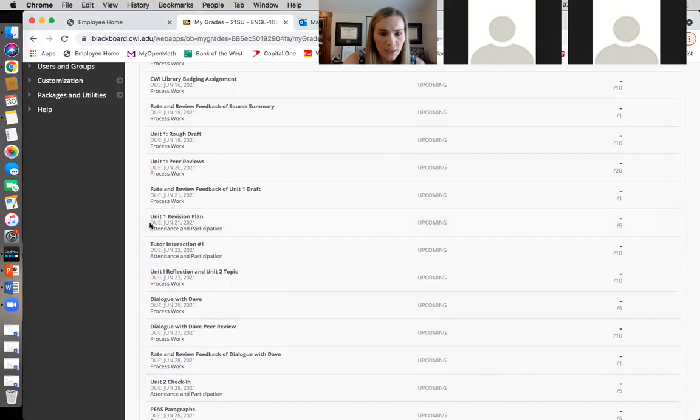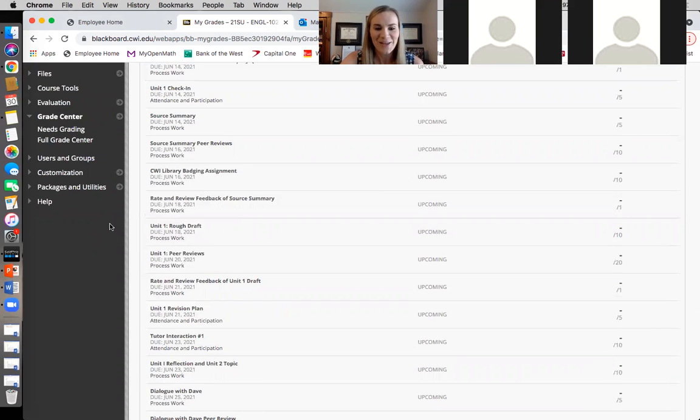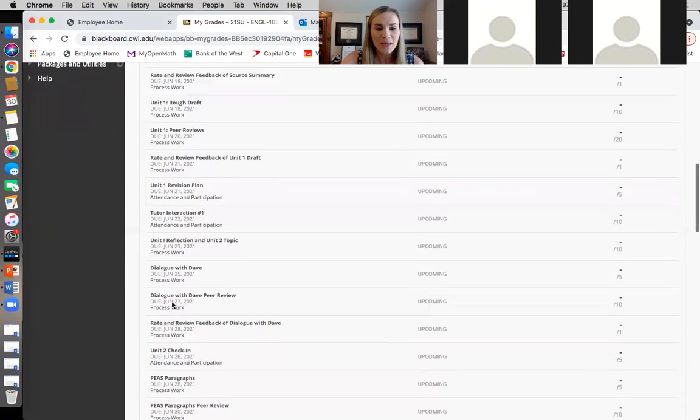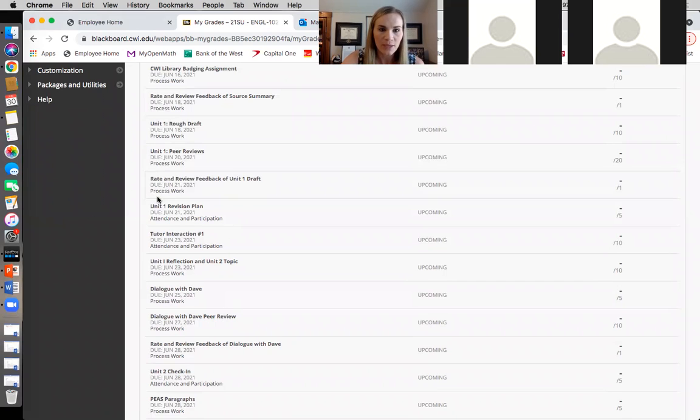Oh, it's hidden, so you can't really see it, but there will be a little spot. Let's pretend that this is the Unit 1 essay. There will be a little hyperlink here that says view the rubric. You can click on that and it'll give you a breakdown of the points and where you earned your points and how many points you earned. And then there will also be a comments box on there where you can read just my very general feedback, right? Just some things that you did well and some things that can be improved on.